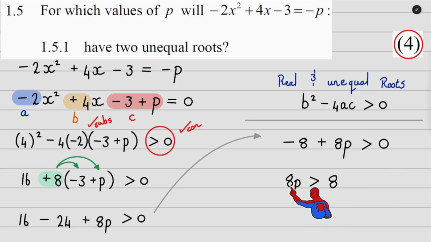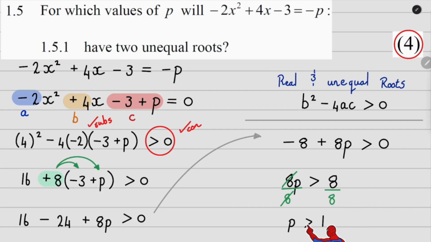Now I need to get rid of this 8 in front of p, so I divide both sides by 8 to get rid of it. These 8s over here cancel with one another, leaving you with just a p on this side, and 8 divided by 8 is simply 1.